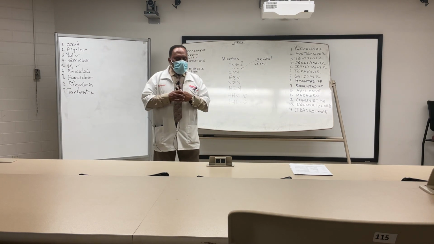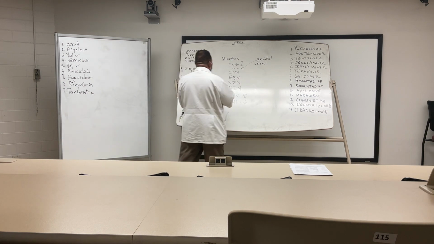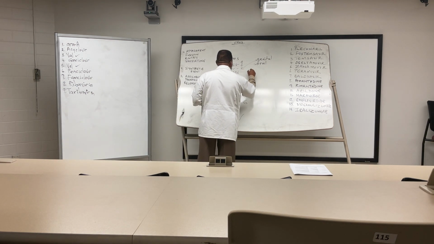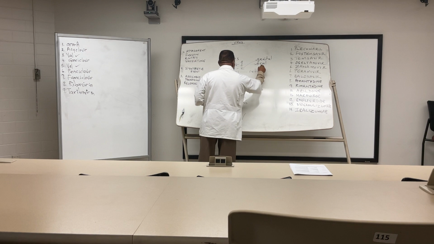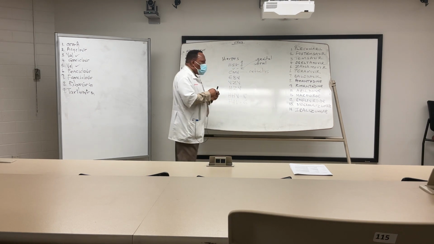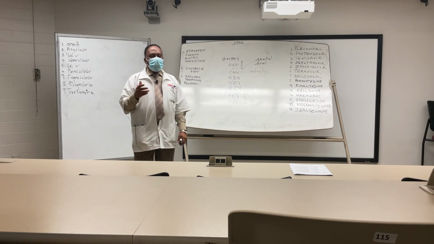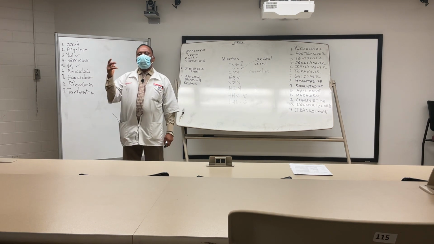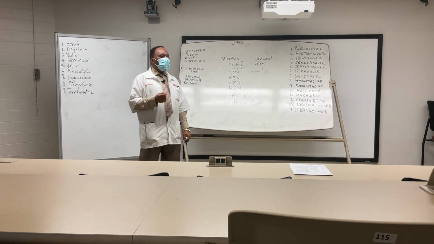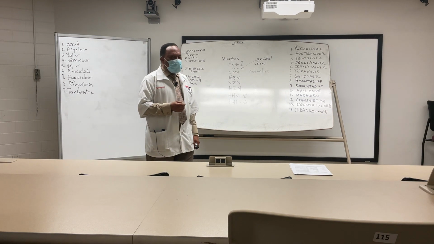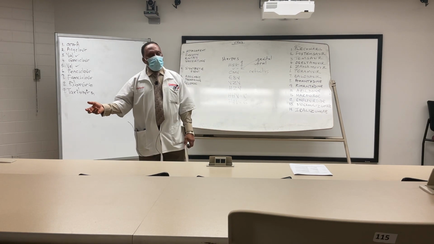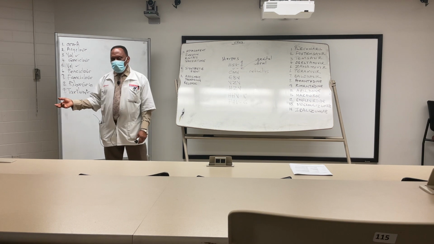Cytomegalovirus, for the most part, affects the eyes. And you have what you call CMV retinitis. That is the number one cause of blindness in AIDS patients. Remember, we said the second one will be toxoplasmosis.